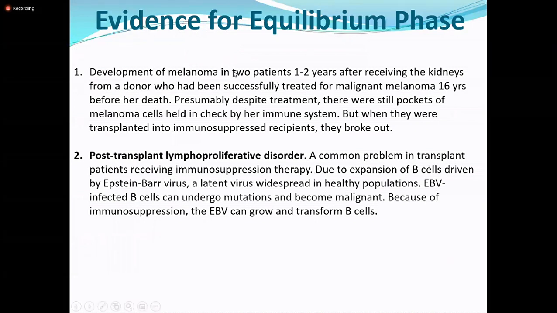Now, the evidence for this hypothesis comes from two observations. The one which is relatively recent, about 15 years ago, is that there was a woman who developed a melanoma, which is particularly notorious for being a metastatic cancer.